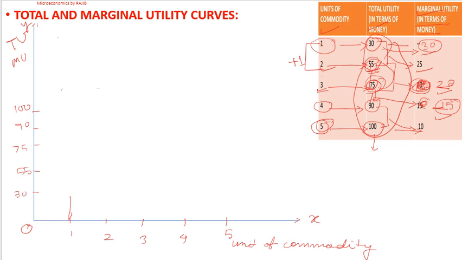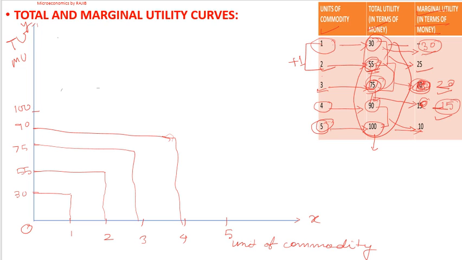Okay, so again I'm taking the pen, and here it is 30 for the first unit, and 55 is the total utility for the second unit, and for the third unit the total utility is 75. For the fourth unit the total utility is 90.